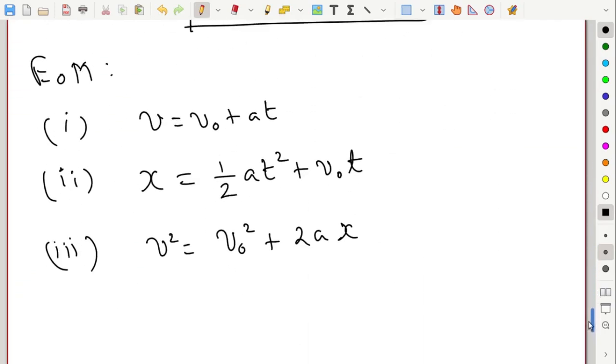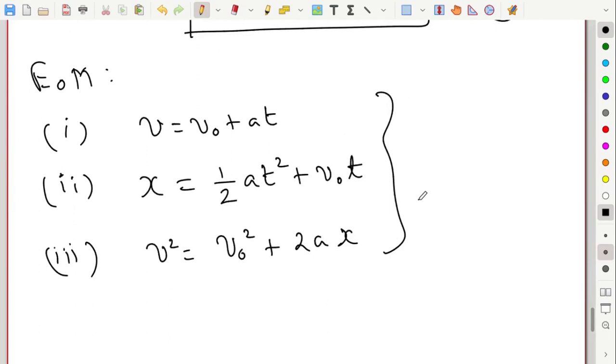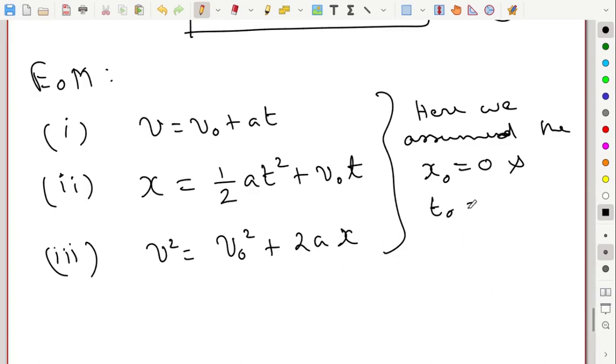Okay, that's all. To derive these equations we had made one more assumption. Here we assume for this derivation the origin x naught equal to 0 and the initial time t naught equal to 0.